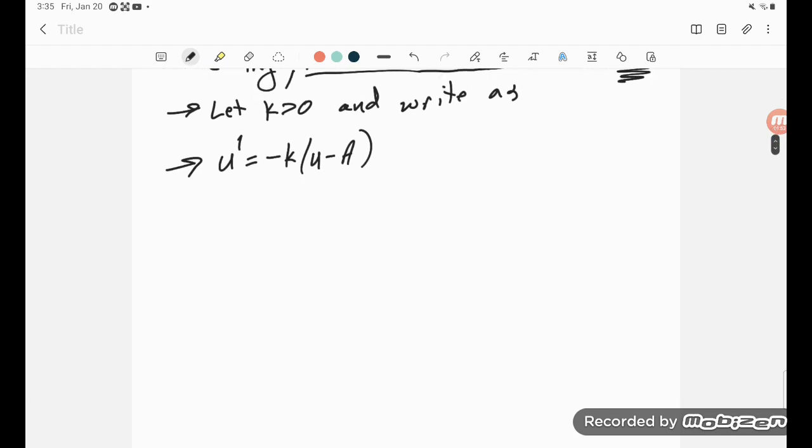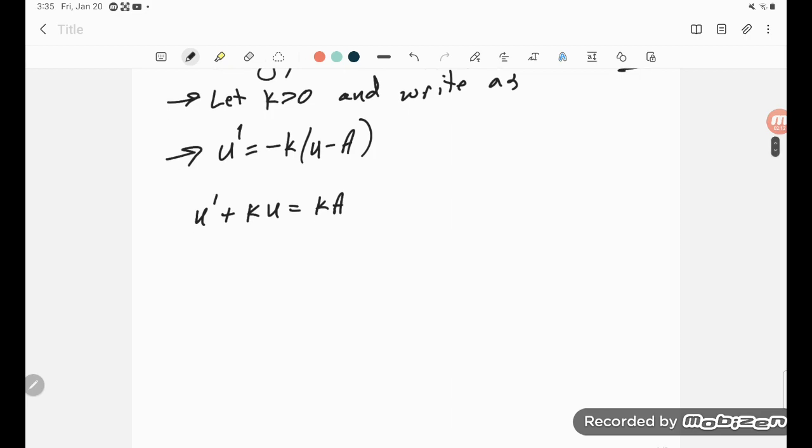And we're going to solve that using an integrating factor. To get it in the right form, I am going to multiply through by the negative K and move the KU to the left side, and then the KA stays on the right side. Now, we could do this by separation of variables.